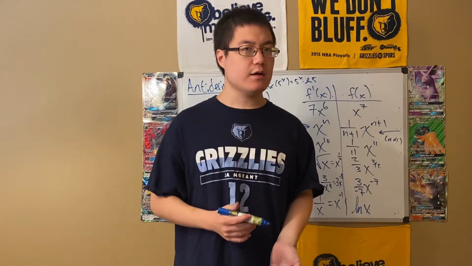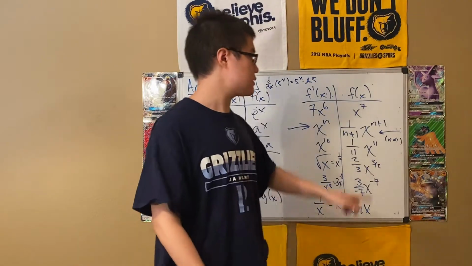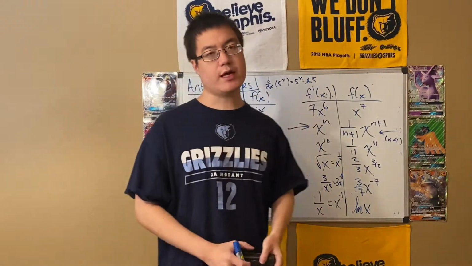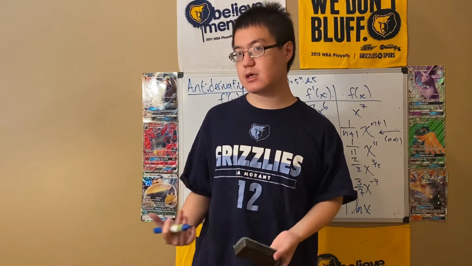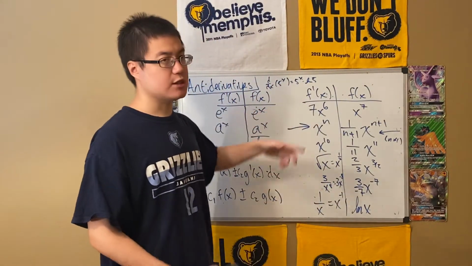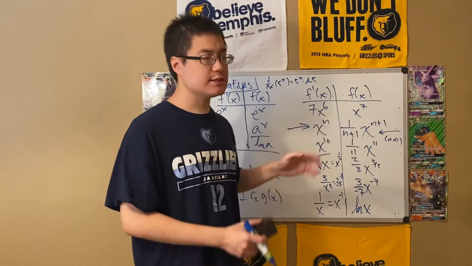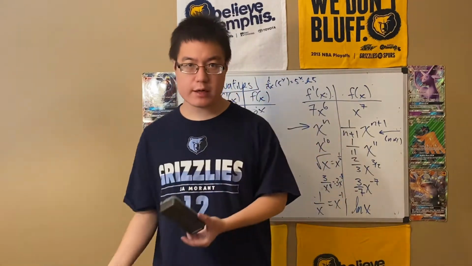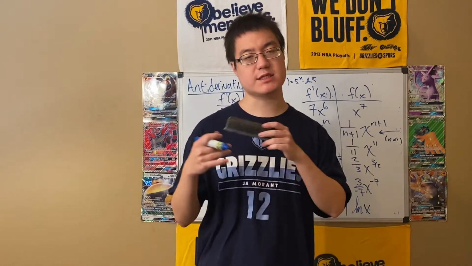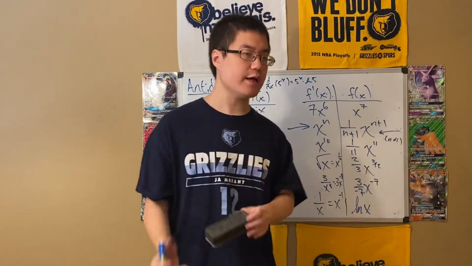Because when you take the derivative of x to the 7th, you'll get this. When you take the derivative of plus 3, you'll just get 0. So actually, 7x to the 6th has an infinite number of antiderivatives. It's x to the 7th, x to the 7 plus 1, x to the 7 plus pi, x to the 7 plus 17. All of these are antiderivatives.